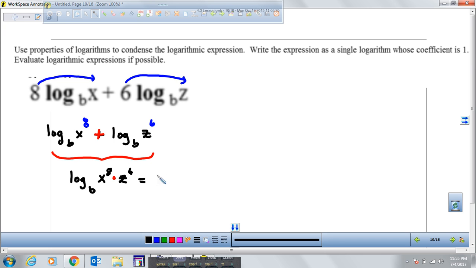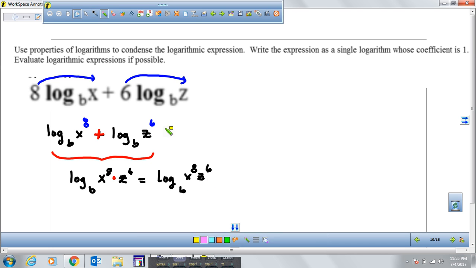I don't have to put the times symbol, so we can just leave it as log base b of x to the 8th power, z to the 6th power. This is the solution for the condensed form of this. There's nothing that we can evaluate here because it all contains variables, x's, z's, and also the base b. We can only evaluate if the log is only numerical.